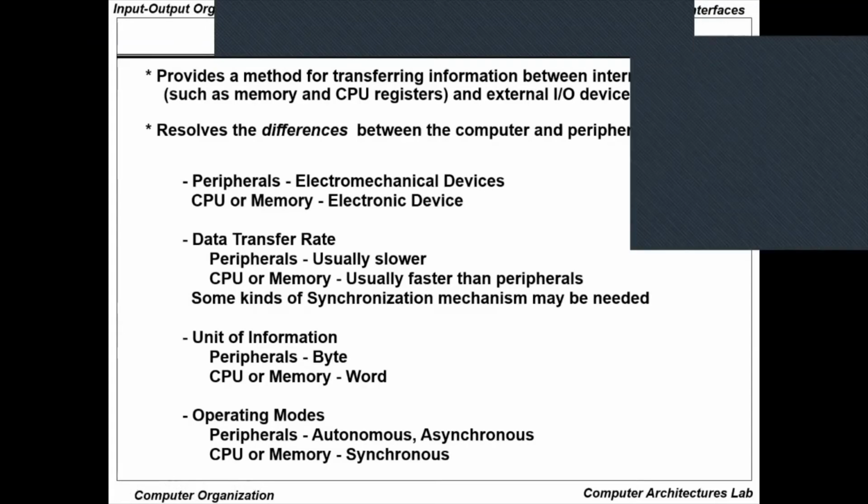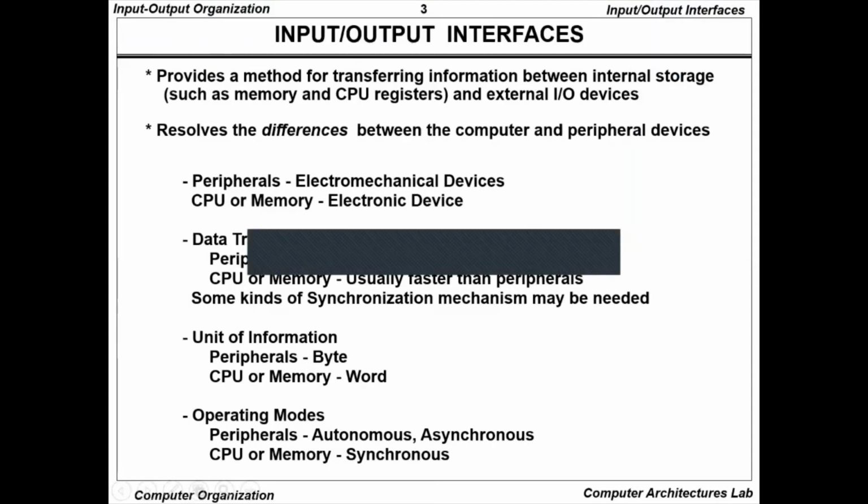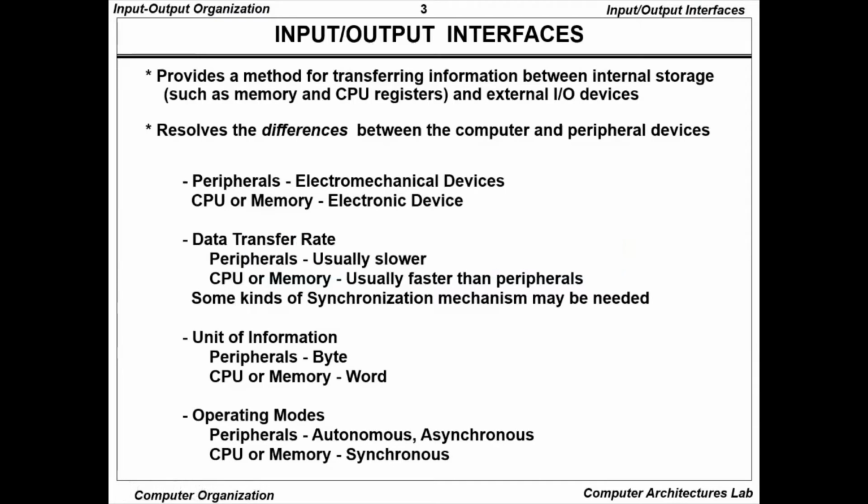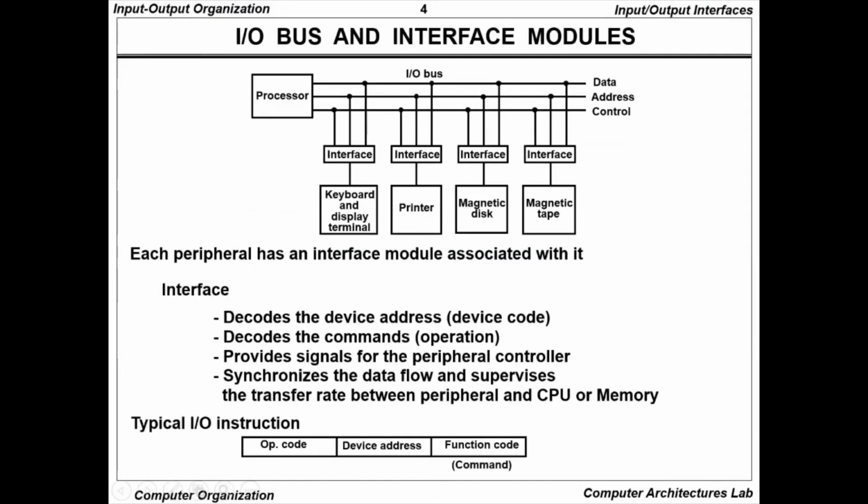Most probably you people know how to use the computer, but what is happening inside the computer we don't know. That's why we need to understand what is happening inside: input output bus and interface modules, processor, and the input output bus, data, address and control bus.